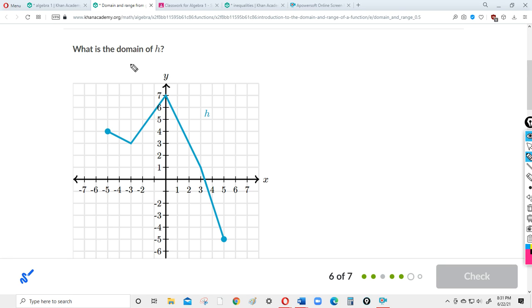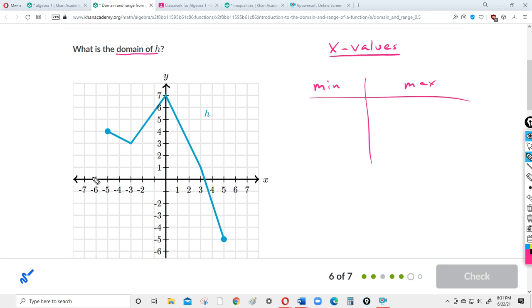Alright, now for this one, they're looking for the domain. Okay, the domain deals with the x values. Alright, so we want the minimum and maximum x values. So the minimum, here's our x-axis.